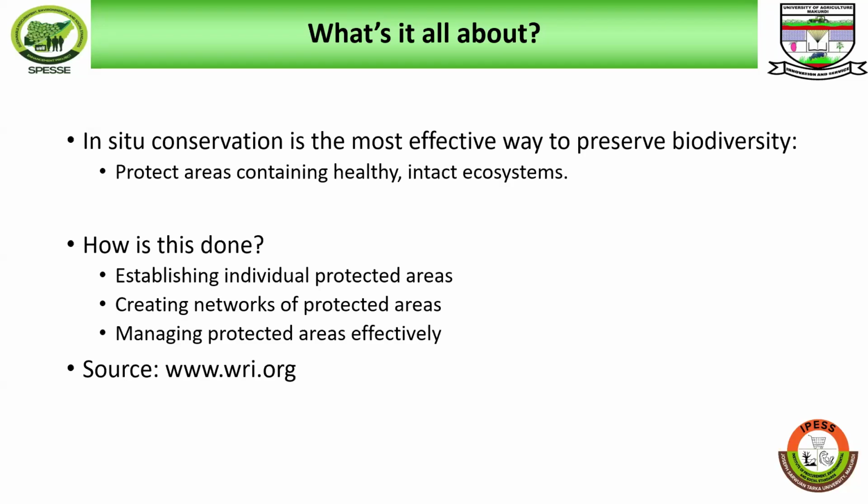And this is done by establishing individual protected areas and then possibly creating a network of protected areas. So you have countries that do these sort of things, they have a network of protected areas that are mostly interconnected.